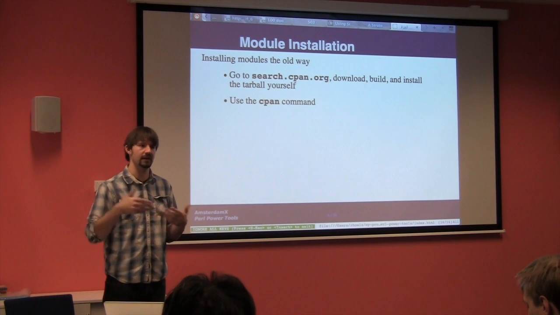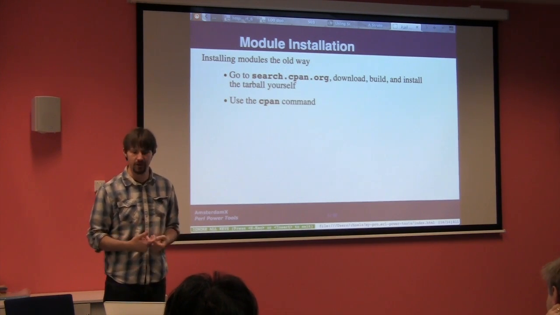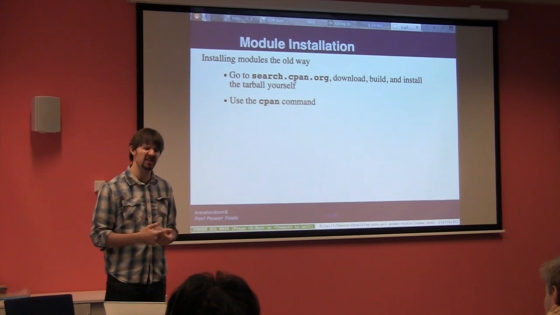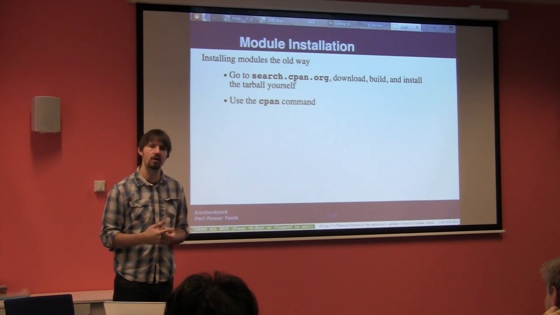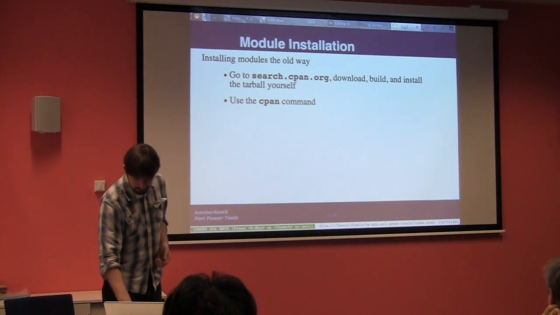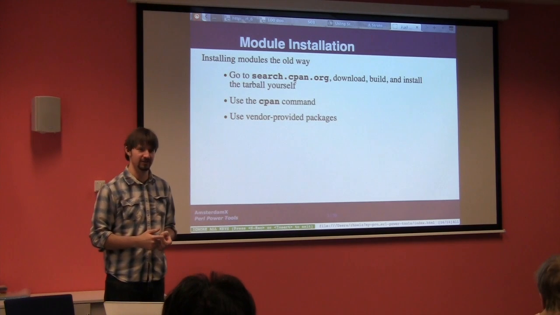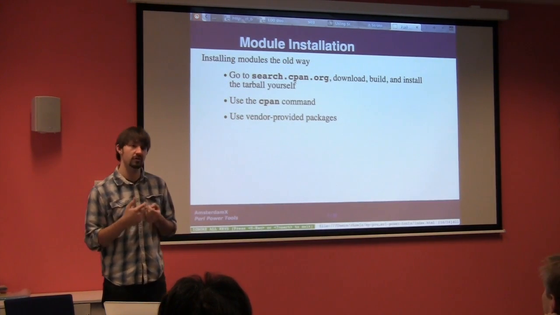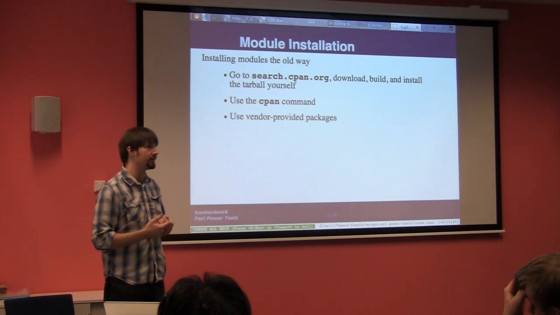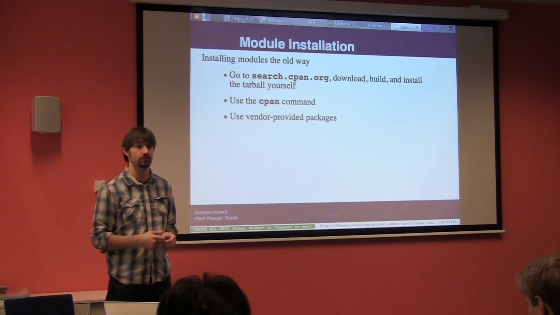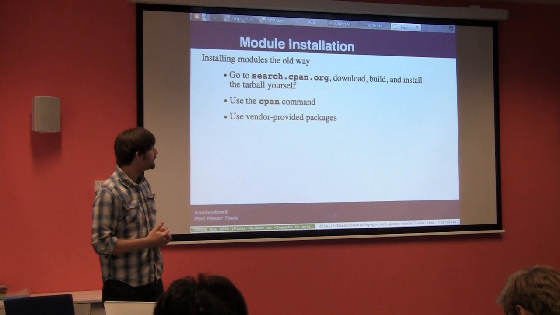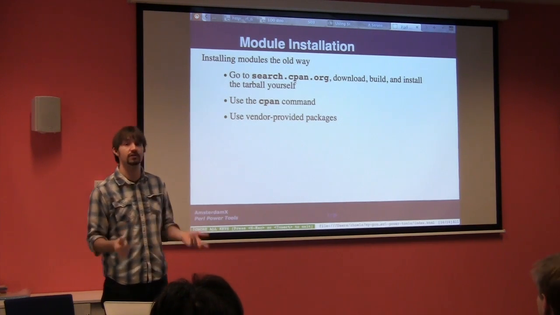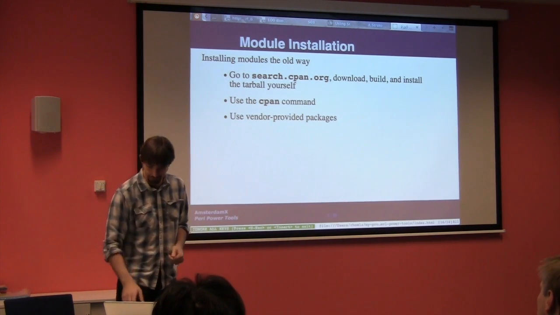It figures out where to get the tarballs from, fetches them, builds them, but it still has a long way to go in terms of UI. And then we have vendor-provided packages like RPMs or debs. This is nice, but it also can be problematic if your Linux distribution doesn't package a module you need, or if they're not packaging the right version, they're out of date or something like that.